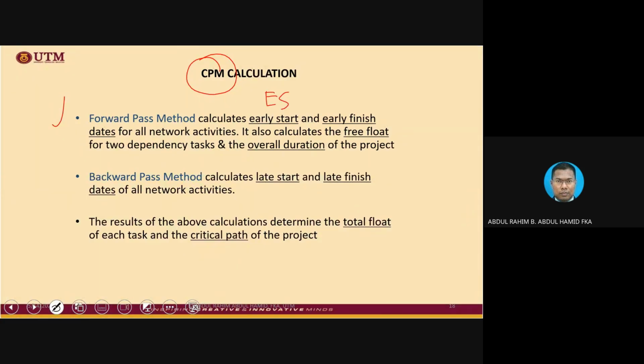We start with zero at the beginning of the diagram, and when we add D, we get early finish. After we do the forward pass, at the end we are going to get the overall project duration.